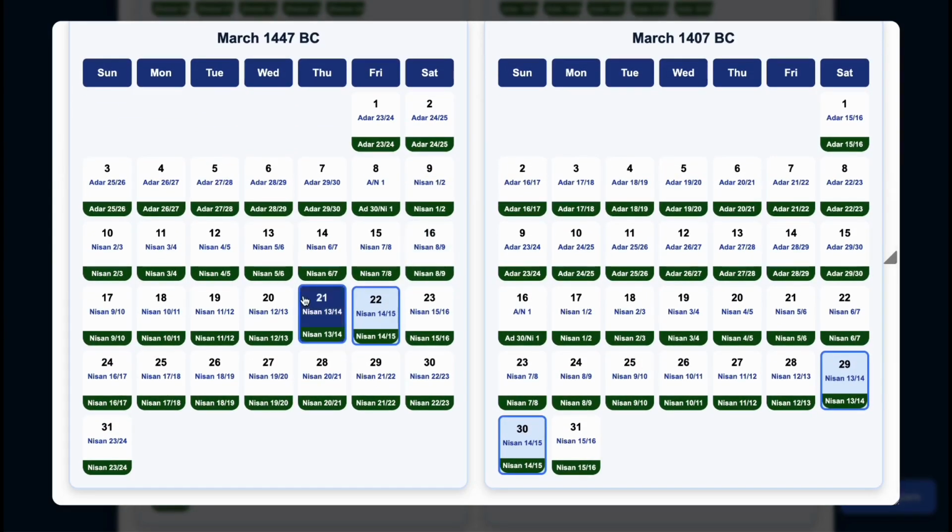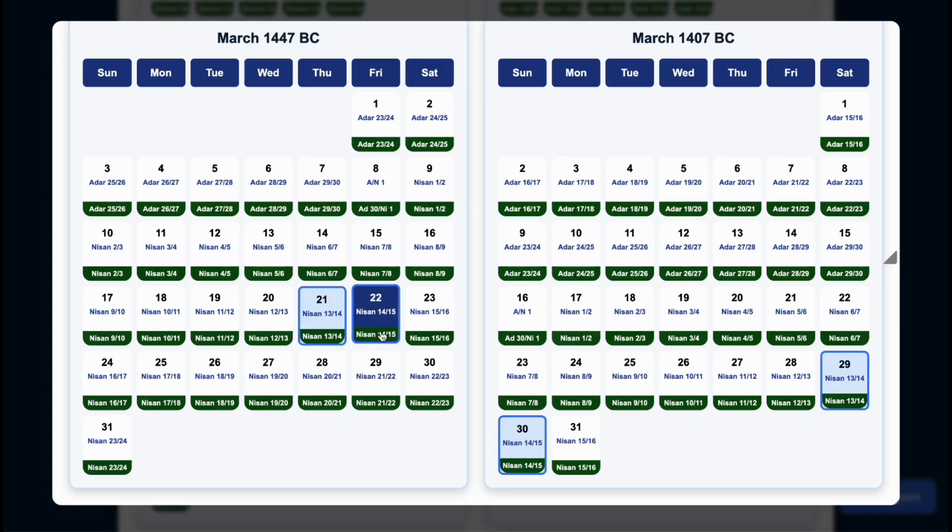So again, we've already mentioned that Passover is on March 21st of 1447, and in 1407 it lands on March 29th / 30th. So we've learned from the Bible just now that the Israelites left on the 15th, the very next day. So this would have been the 15th of Nisan. You can see the 15 there.